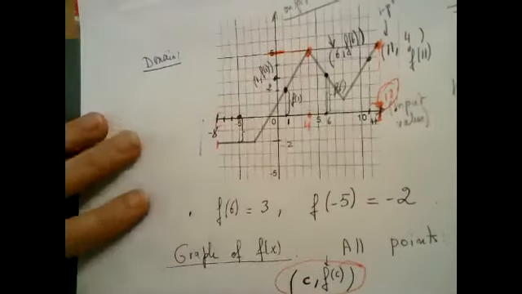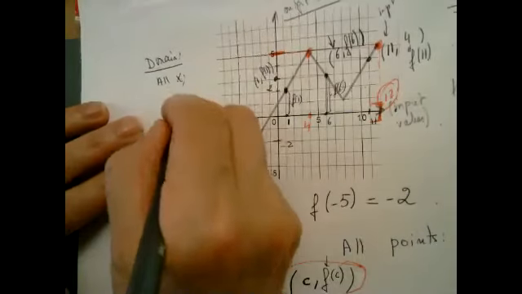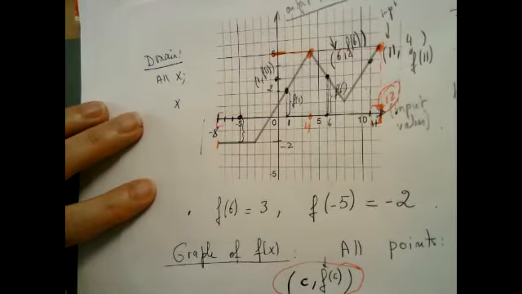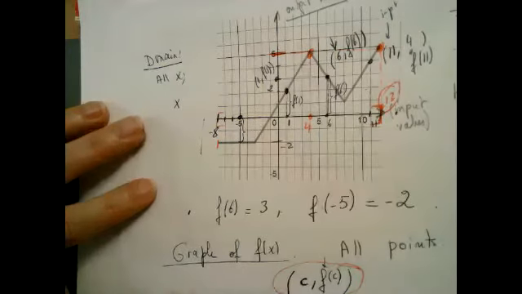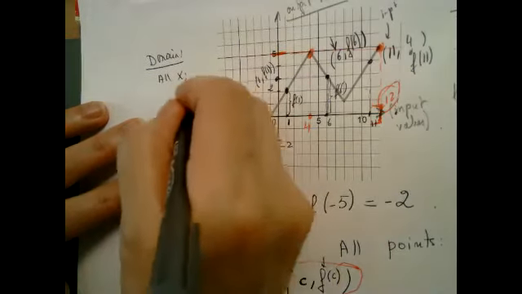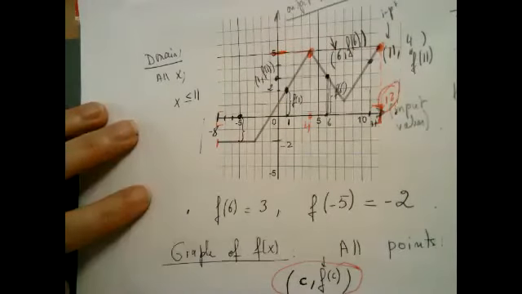What's the domain? All the values of x from -8 to 12. What's the largest value you can give me an output for? What is the largest value? Anybody? 11. What's the smallest value you can give me an output for?